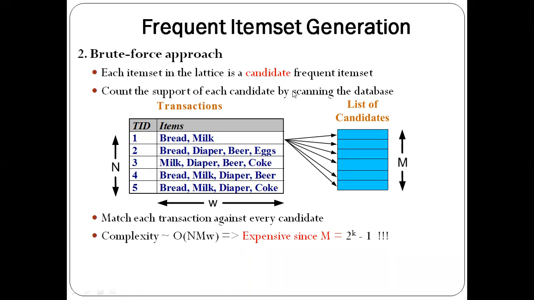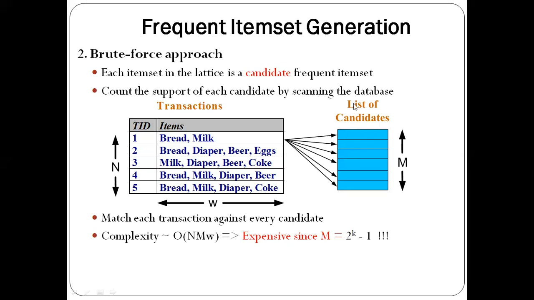And then in order to calculate the support, we will be comparing these candidate item sets with the transactions. If a candidate item set is present in a transaction, then its support count will be incremented. For example, if you consider bread as one of the candidate item sets, the support count is 1, 2, and it appears in 3 and then 4. So the support count of bread is 4, because we compared this candidate item set with each of the transactions.